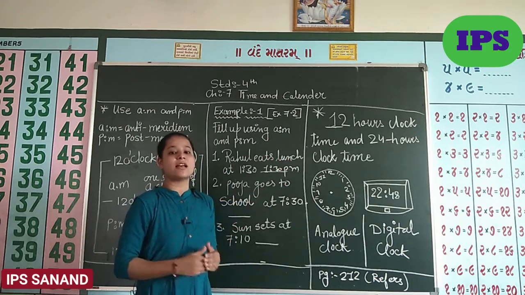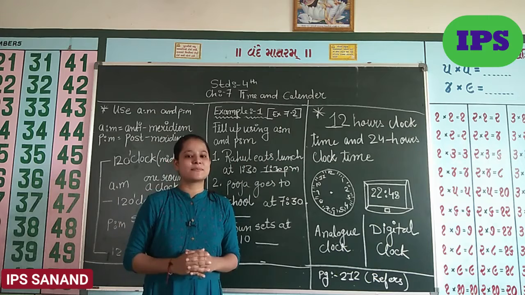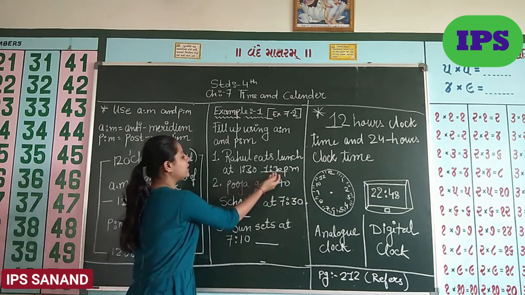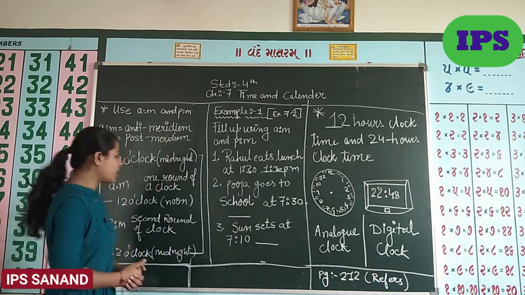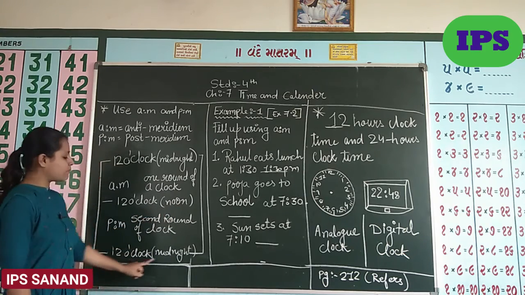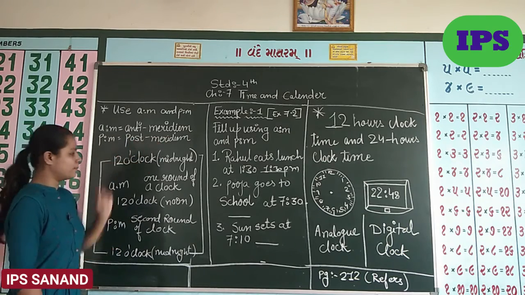We eat lunch at noon. So what will we use? I will give you 2 seconds. Yes, the answer is PM. So 1:30 PM. Why? Because from 12 o'clock noon to 12 o'clock midnight we use PM, which is post-meridiem.